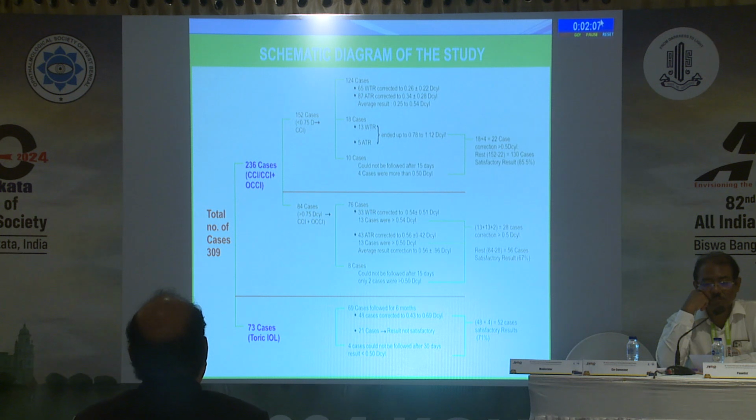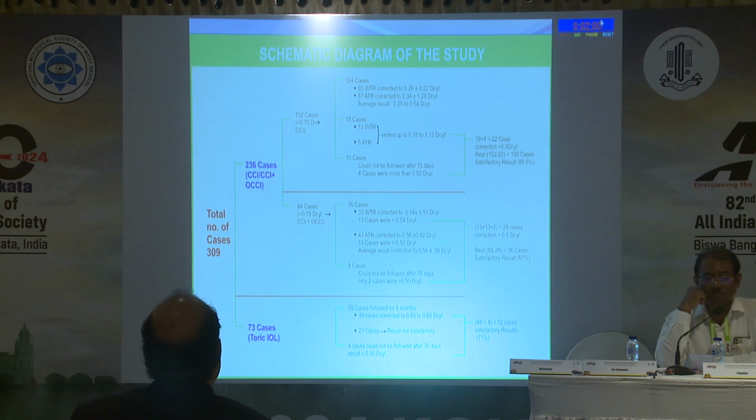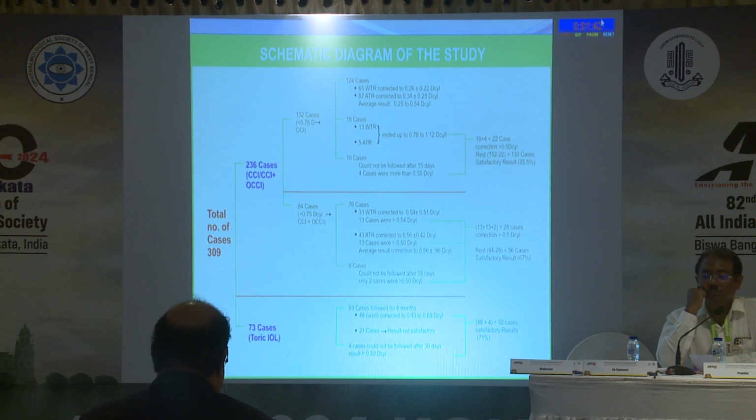Total number of cases, out of which 236 cases are given either clear corneal incision or clear corneal incision along with the opposite clear corneal incision. And 73 cases are given the toric IOL. Out of the 236 cases, 152 are given the clear corneal incision when the astigmatism is less than 0.7 diopter, and 84 cases are given clear corneal incision along with the opposite when the astigmatism is more than 0.7 diopter.